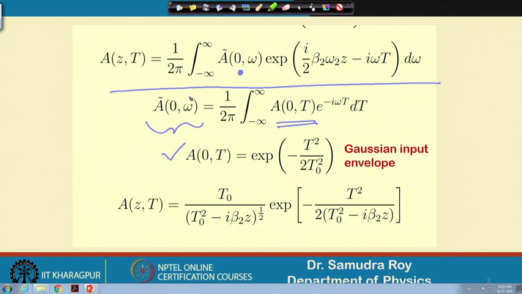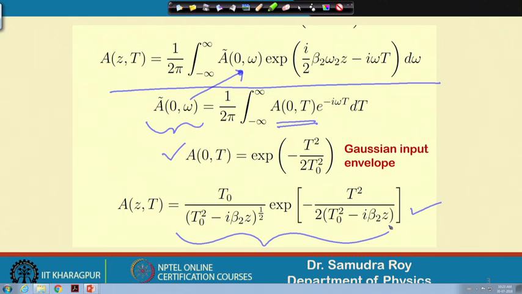If I put this value of A0(omega) here, then we can readily have the solution in this form if the input pulse is Gaussian. That was the small exercise I mentioned in the last class, and if you do it carefully and correctly, you will have this kind of expression.